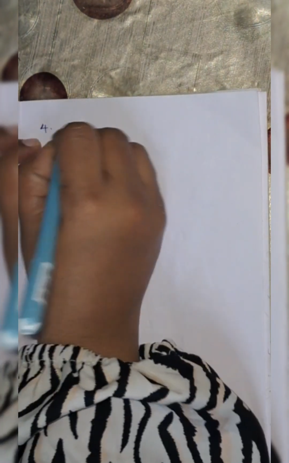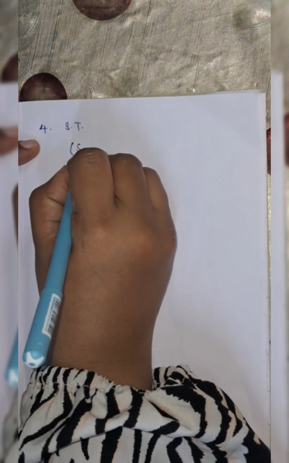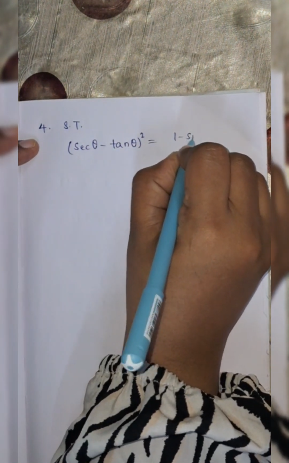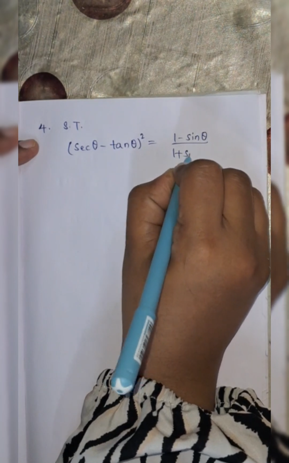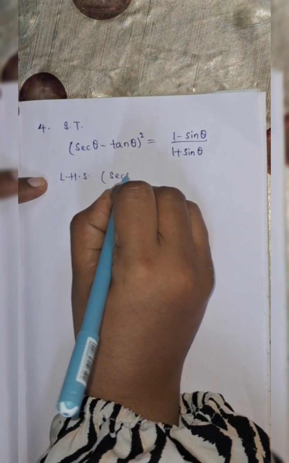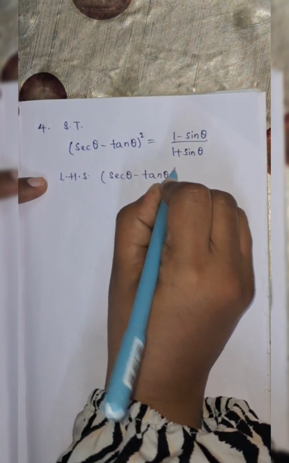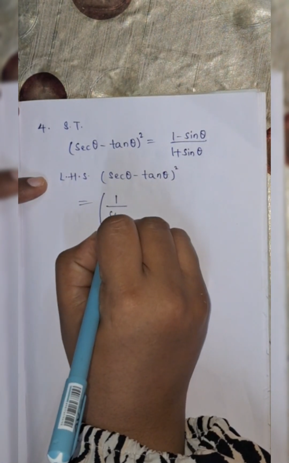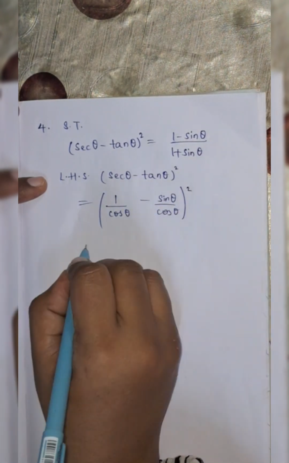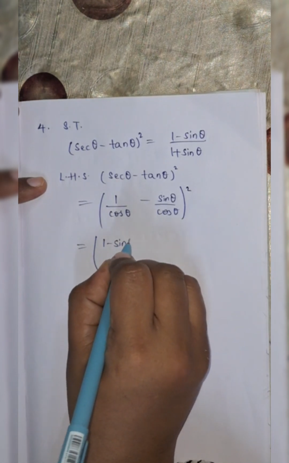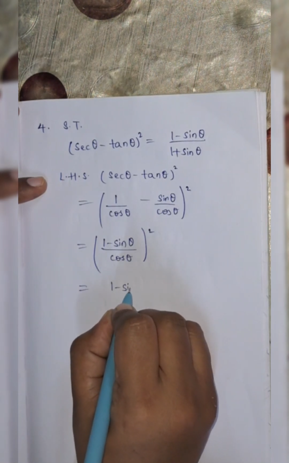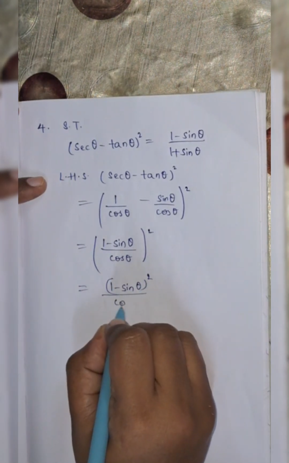Show that (sec theta minus tan theta) whole square is equal to (1 minus sin theta) by (1 plus sin theta). We have to take any one side. I'm taking the LHS: (sec theta minus tan theta) whole square. Sec can be written as 1 by cos theta, minus sin theta by cos theta, whole square. So this will be (1 minus sin theta) by cos theta whole square, so (1 minus sin theta) whole square by cos square theta.